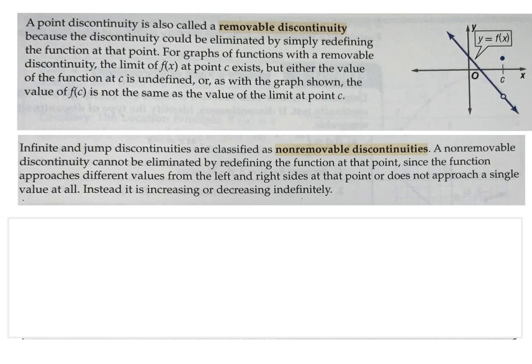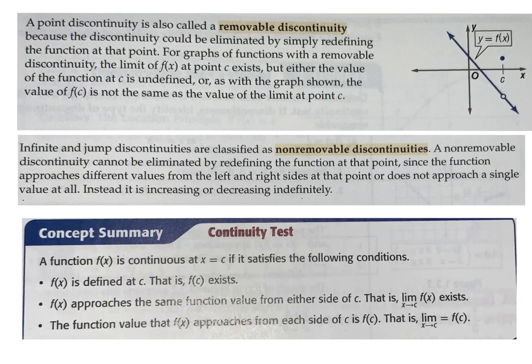All right? So let's look at the examples here. Continuity test. Look at the middle of page 25. How do we know if it's continuous? This is the formal definition of how we know it's continuous. You can look at it and tell, right? But then if you just have the function, how do you know? The first thing is that at the point they're talking about, you can actually have a point and plug it in. All right?